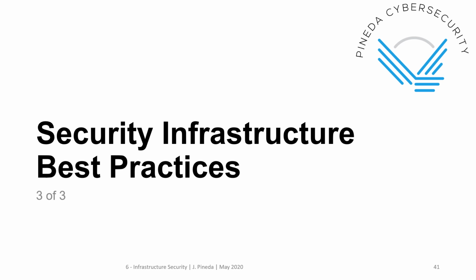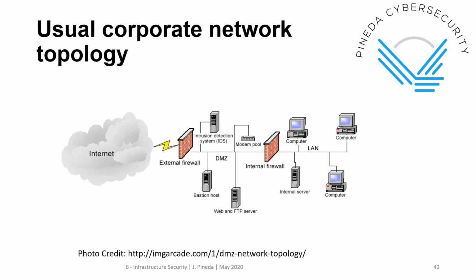So now let's go to security infrastructure best practices. Now we learned some network concepts, security concepts. What are the security infrastructure best practices? First, in the usual corporate network topology, so this is the implementation, you have the internet, you have the internal network here, and we have a server network which is also called the demilitarized zone.